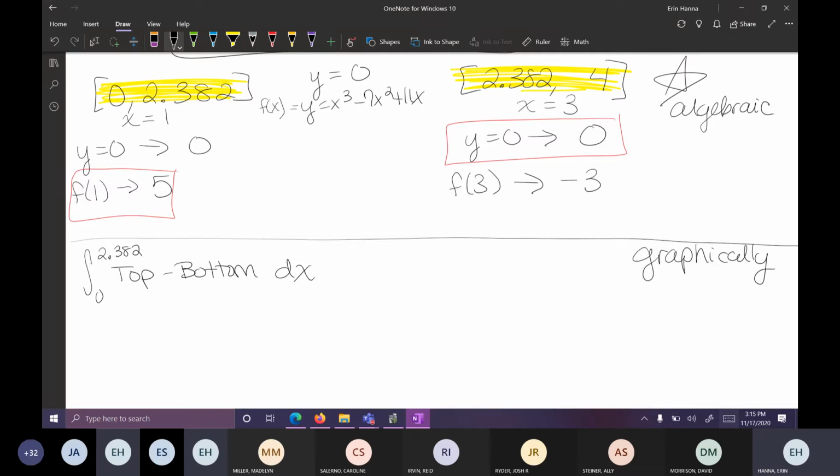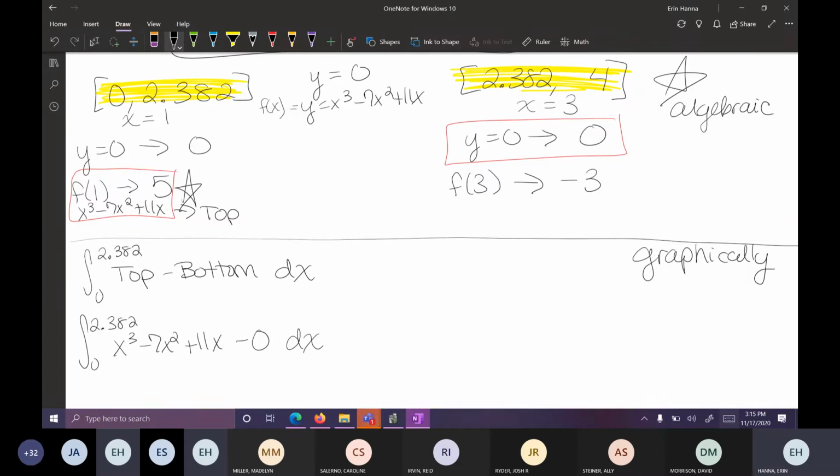The fact that 5 is larger than 0 means that the x cubed minus 7x squared plus 11x is the top function. So when I write top minus bottom, my top function was x cubed minus 7x squared plus 11x, and my bottom function was essentially y equals 0. So it's used to help us find which function comes first in the integrand.